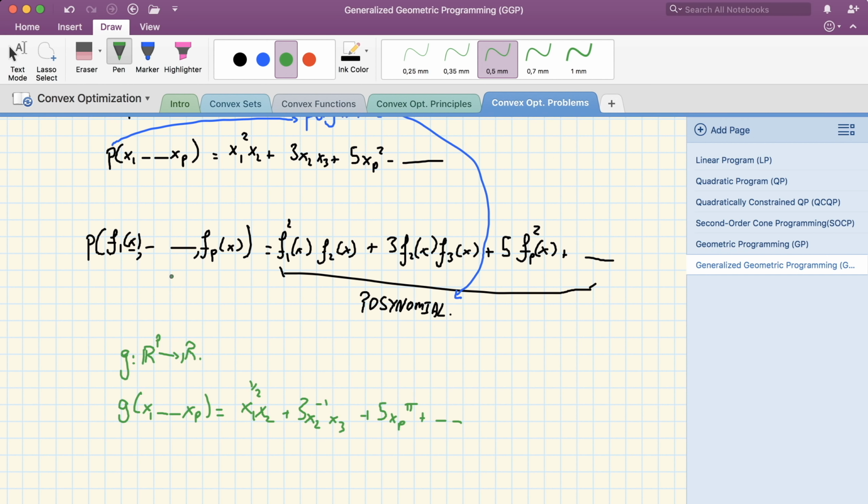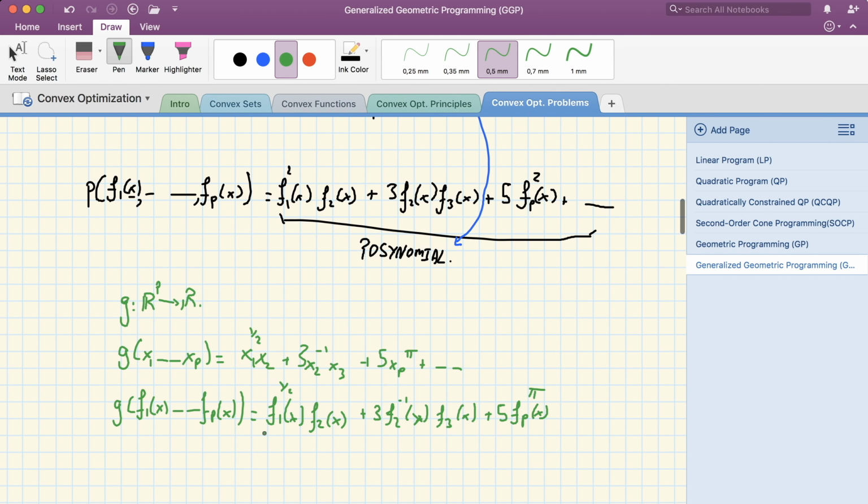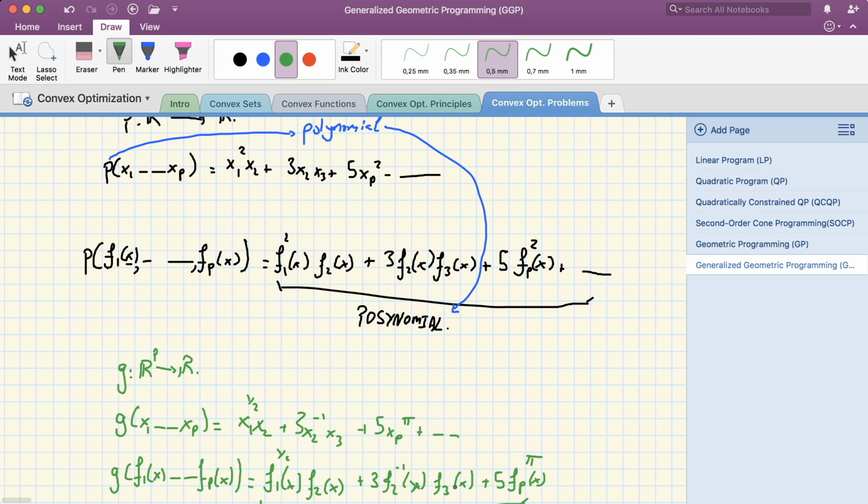Then if I pass polynomials to this function as arguments, in this simple example, I'll have an f1 half f2 plus 3 f2 inverse f3 plus 5 fp to the power pi. So that's another compact way of seeing stuff.